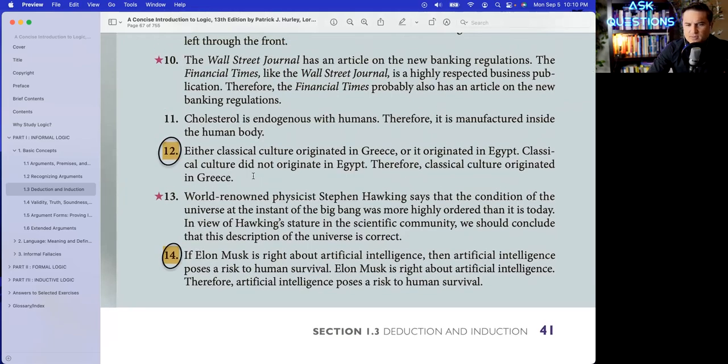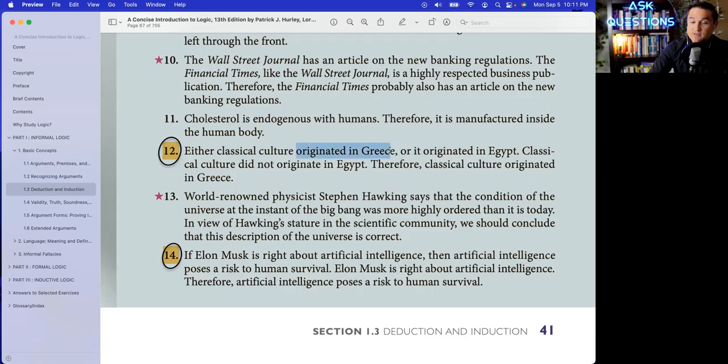Okay, what do you think about this one? Well, it starts with this or statement, either this or that. Where was the origin of classical culture? Did classical culture originate in Greece, or did it originate in Egypt? The second premise says it did not originate in Egypt. So if it has to be one of these two, and again, when we're evaluating the inference of an argument like we're doing here, we're just going to, for the sake of argument, grant the premises.